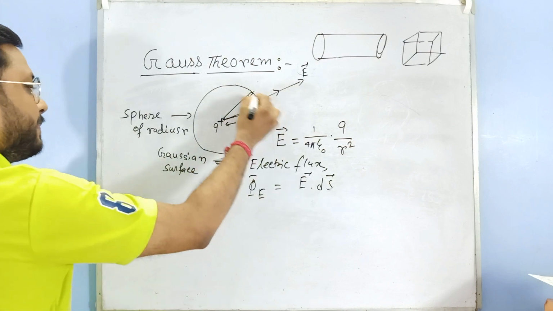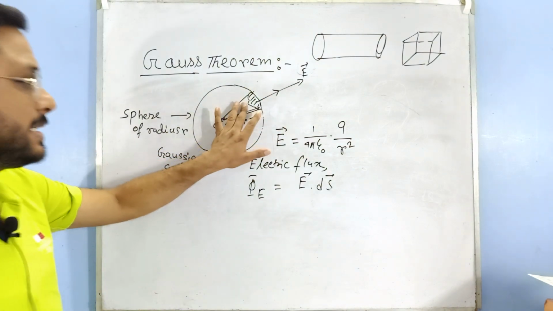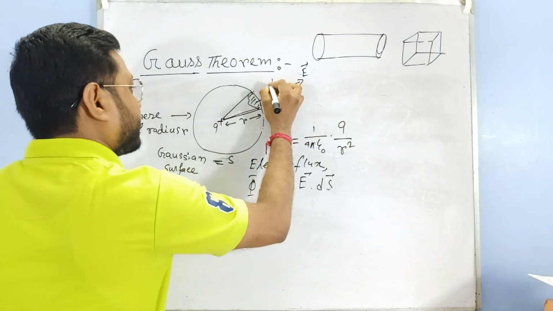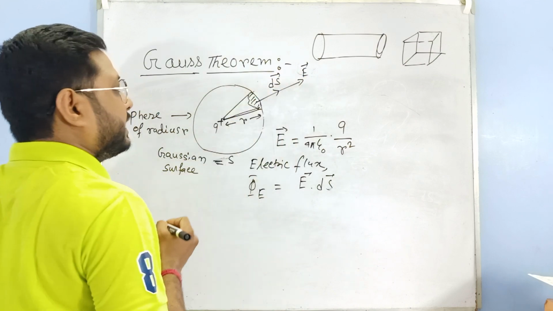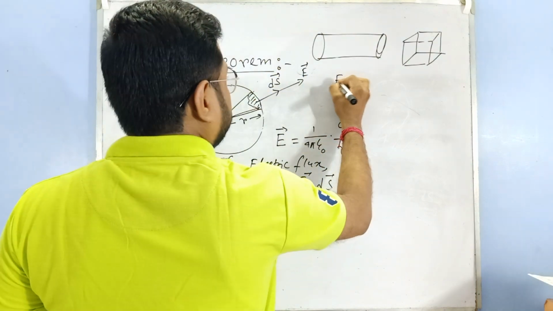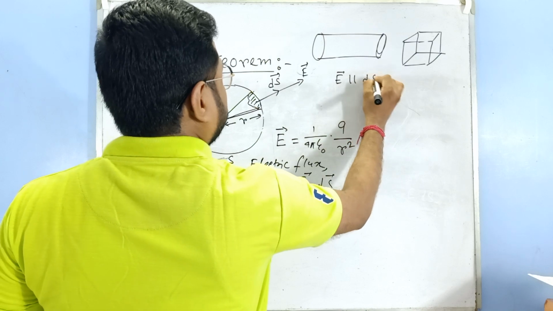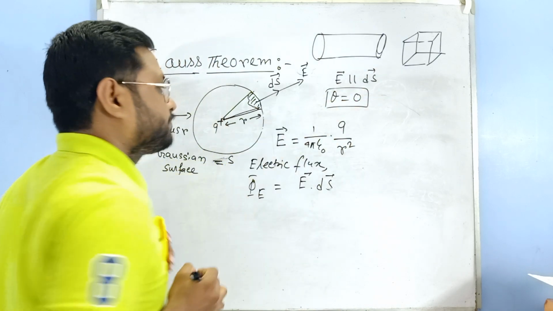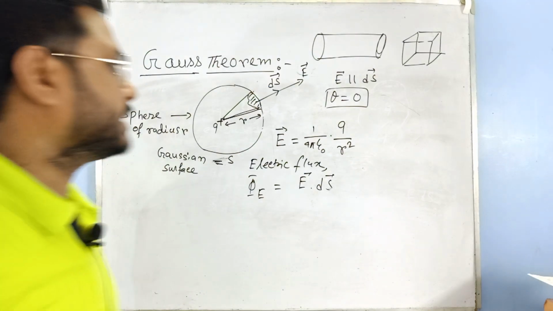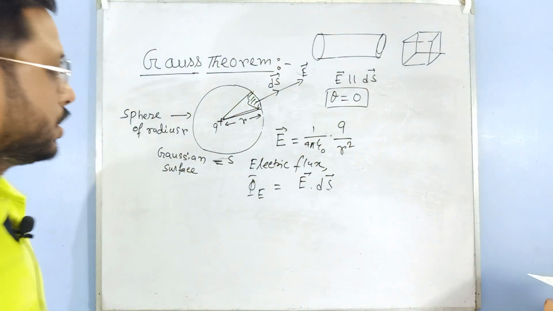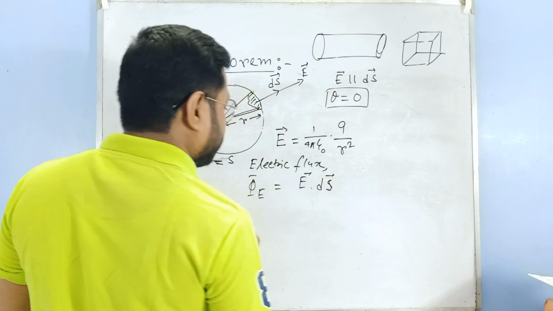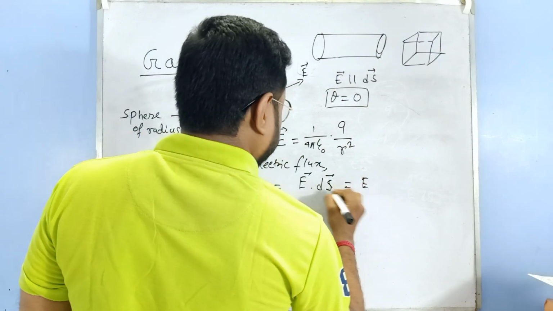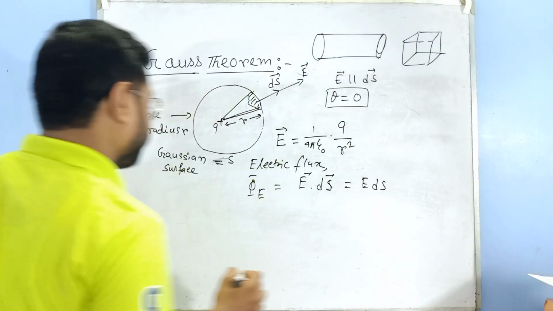Also the surface area vector ds is along radially outward. So the electric field becomes parallel to the area vector ds. Here the angle becomes 0 degree because the directions of E and ds are parallel to each other. So E dot ds becomes only E ds.